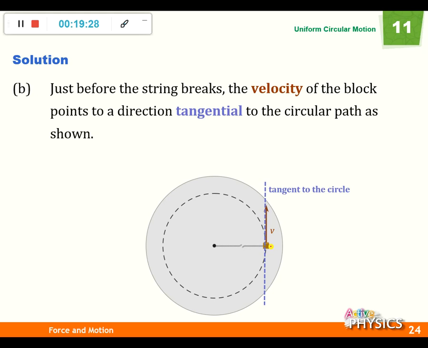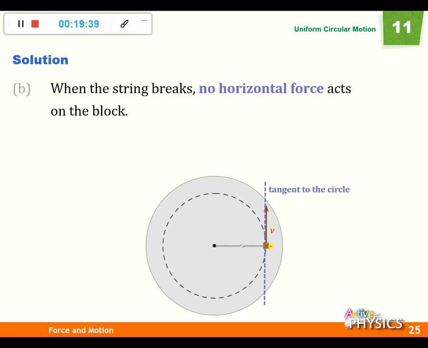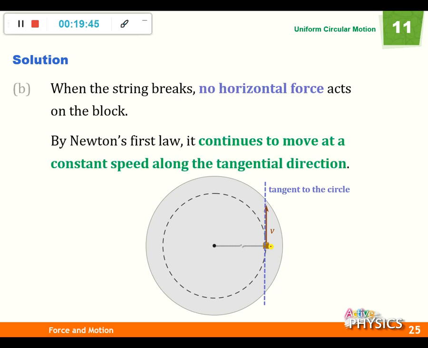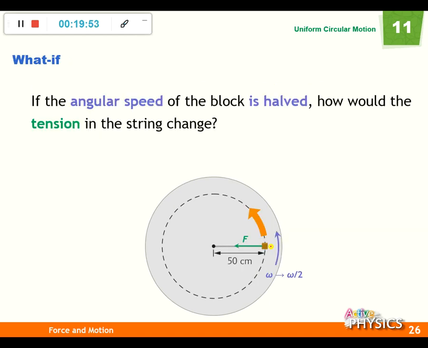Then this block will move tangent to the circle and then move straight. When the string breaks, no horizontal force acting on the block can change its direction. By Newton's first law, it continues to move at constant speed along the tangential direction.